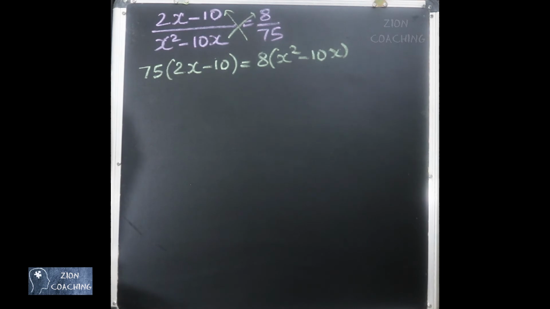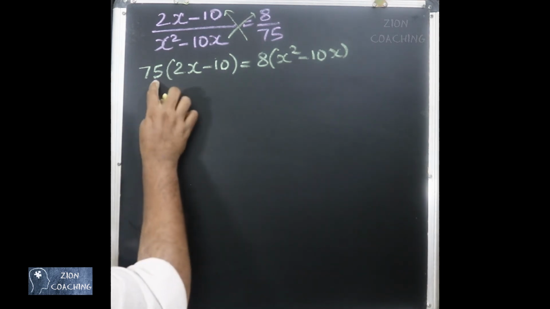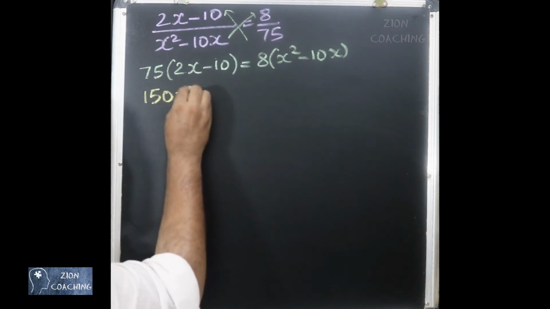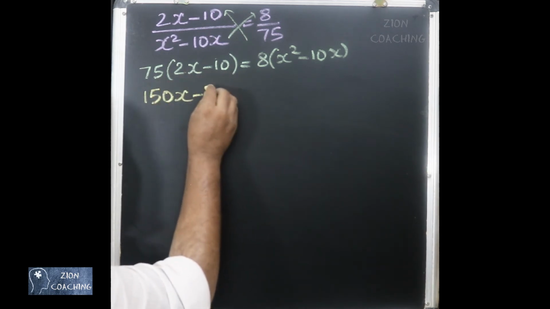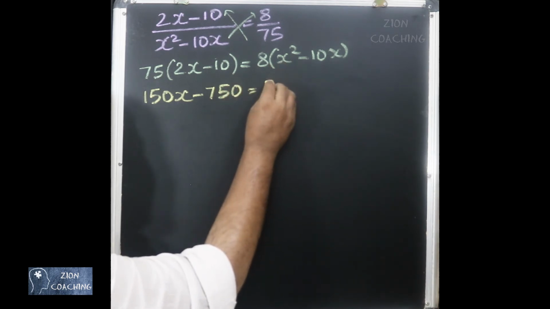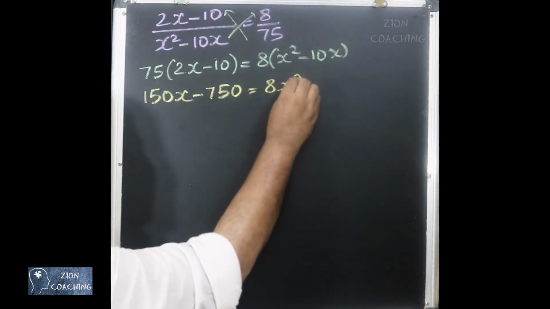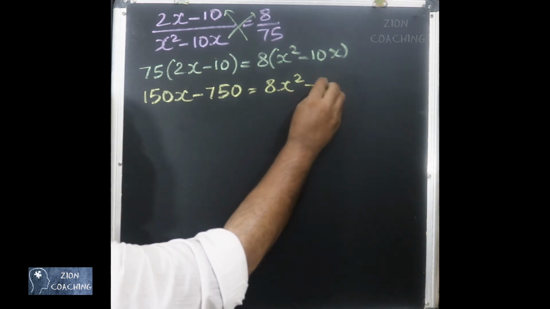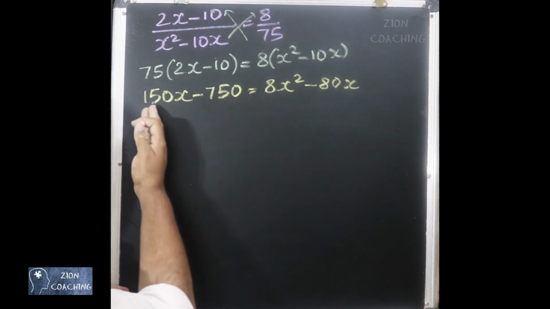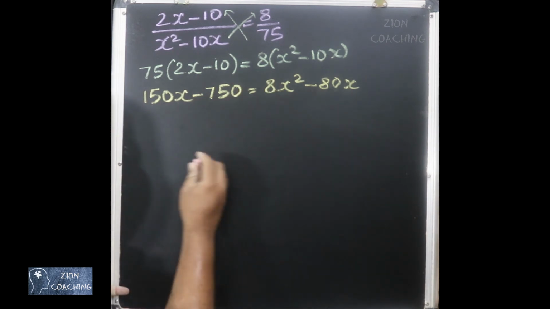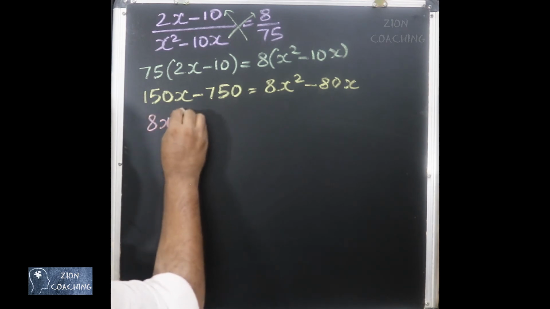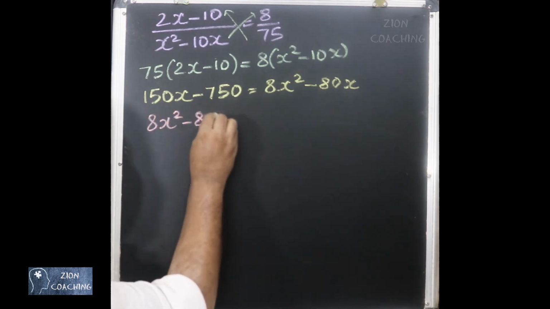When you expand this, you are going to get 75 into 2x, which is 150x, minus 75 into 10, which is 750, equal to 8 into x squared, which is 8x squared, minus 8 into minus 10, which is going to be minus 80x. Now taking all the variables to the other side, that side we already have 8x squared minus 80x.